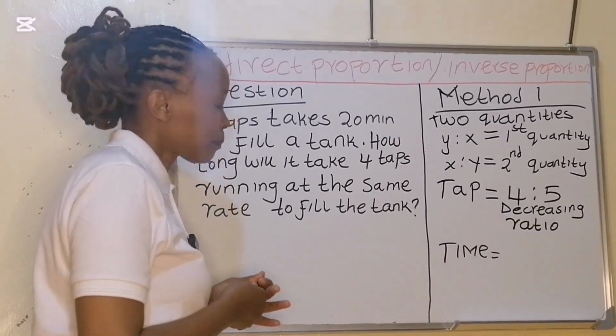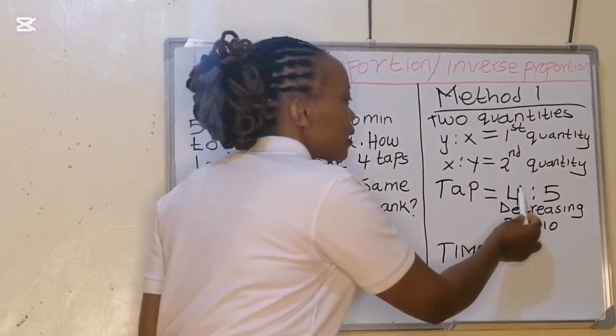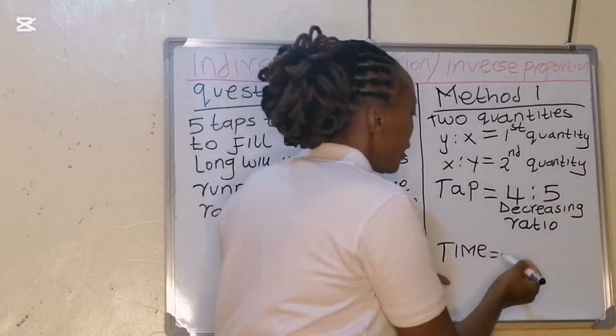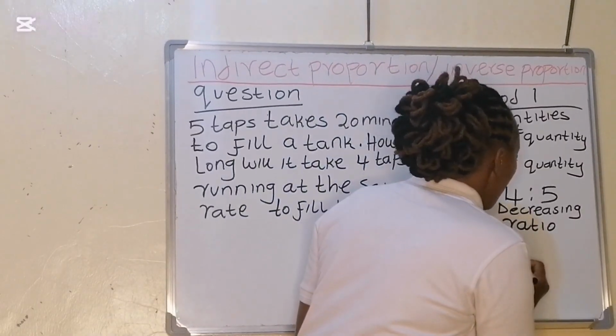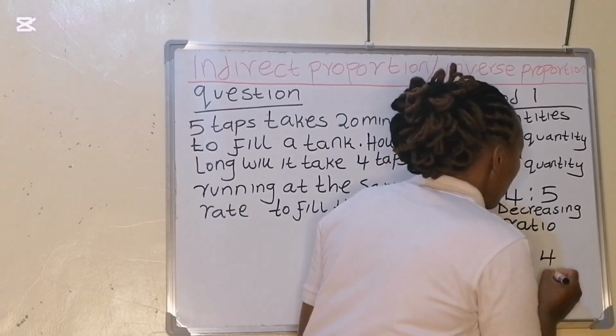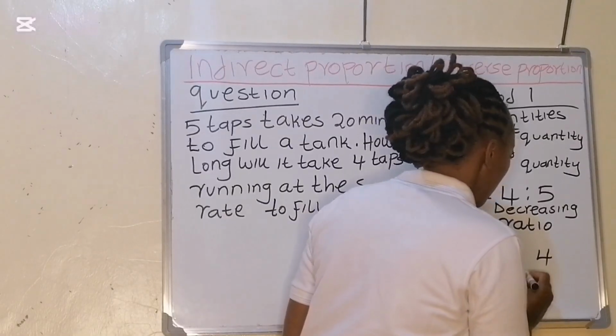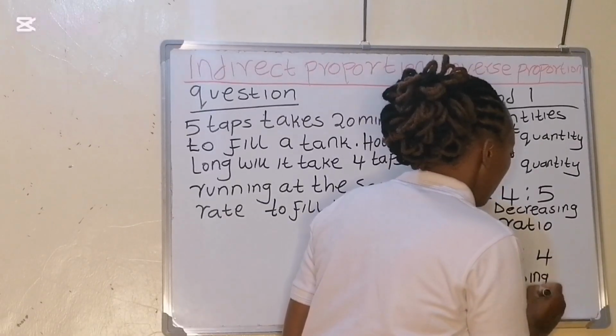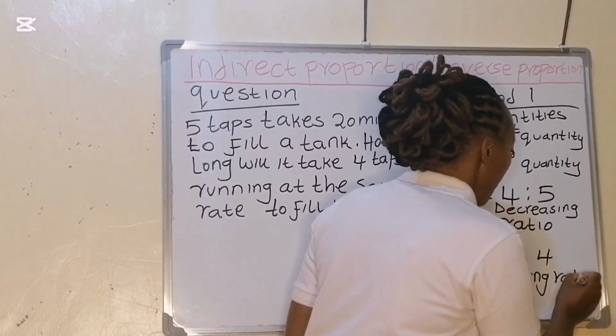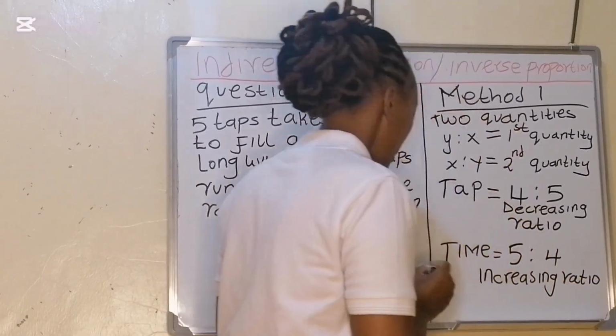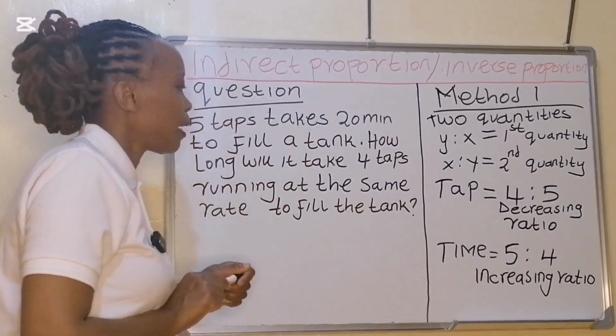So for time, this is a representative of y is to x. So for time, it will be 5 is to 4, which is an increasing ratio.